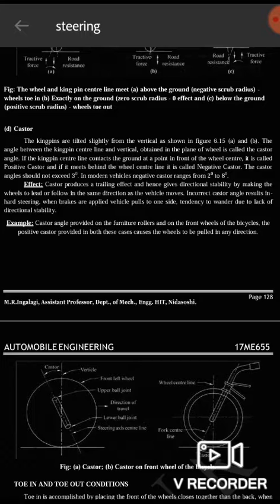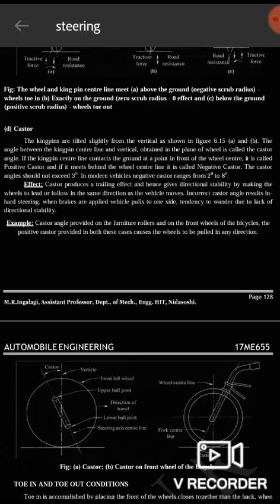Effects: caster produces a trailing effect and hence gives directional stability by making the wheels lead or follow in the same direction as the vehicle moves. Incorrect caster angle results in hard steering. When the brakes are applied, the vehicle pulls to one side, with a tendency to wander due to lack of directional stability.